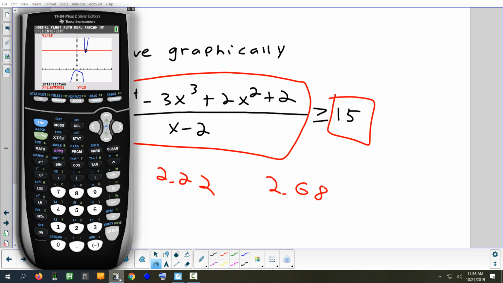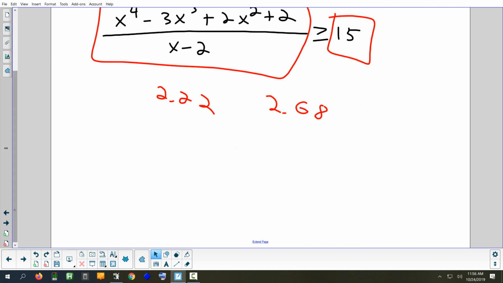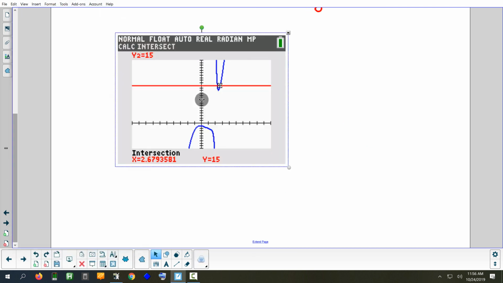Okay, so now the question is, when are we above the red line? It's definitely in this section, not in the little section below. I know where this section on the right ends. Let's make it bigger.